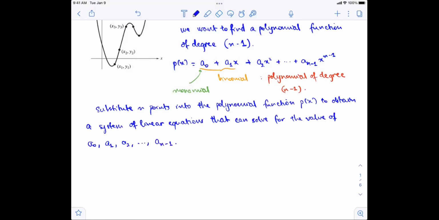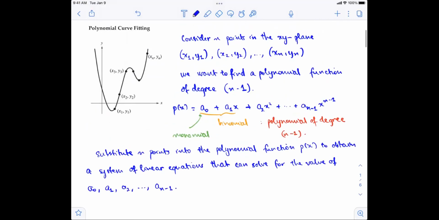All right, so basically just substitute what we have for these points into the polynomial functions.